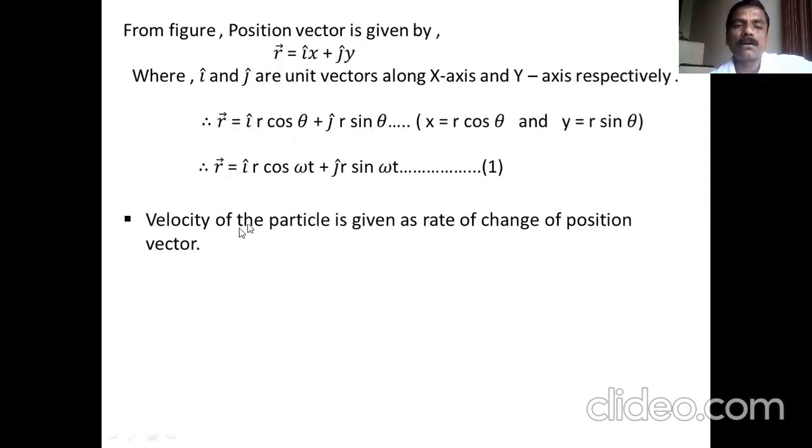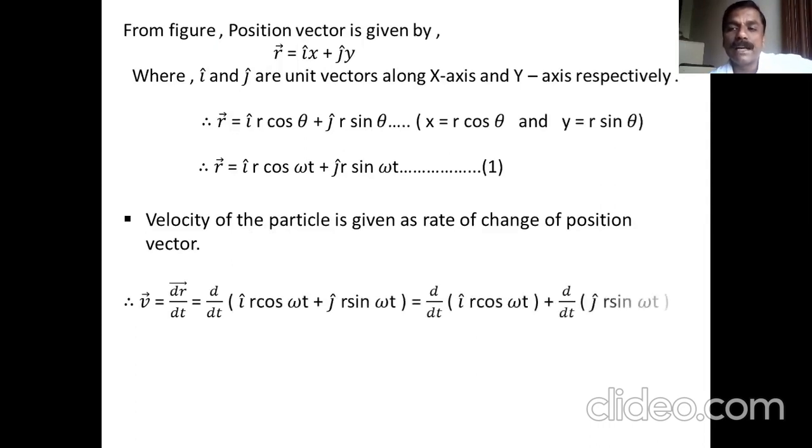Now we can find out the velocity by taking the rate of change of the position vector. Means simply we can find out the velocity by taking the derivative of the position vector with respect to time. See, it is written as v bar is equal to d by dt of r bar.